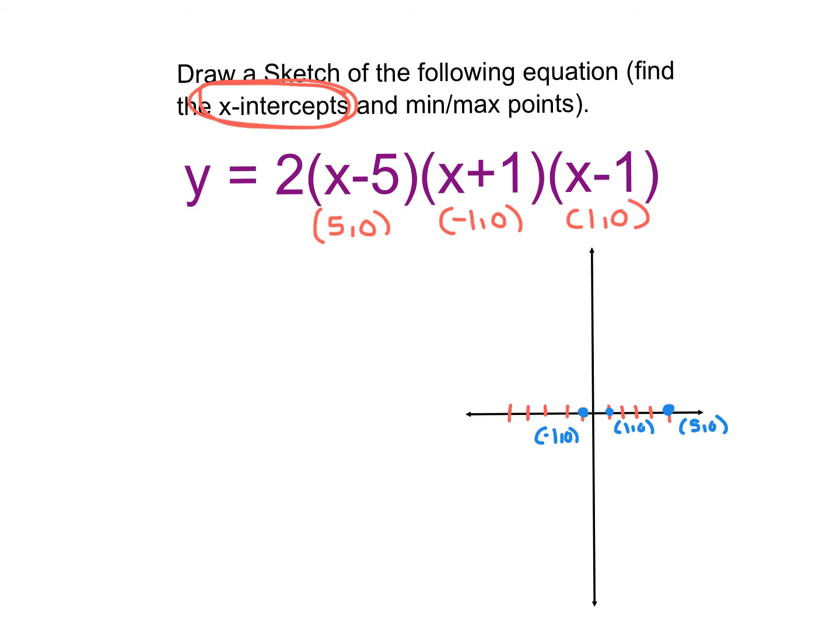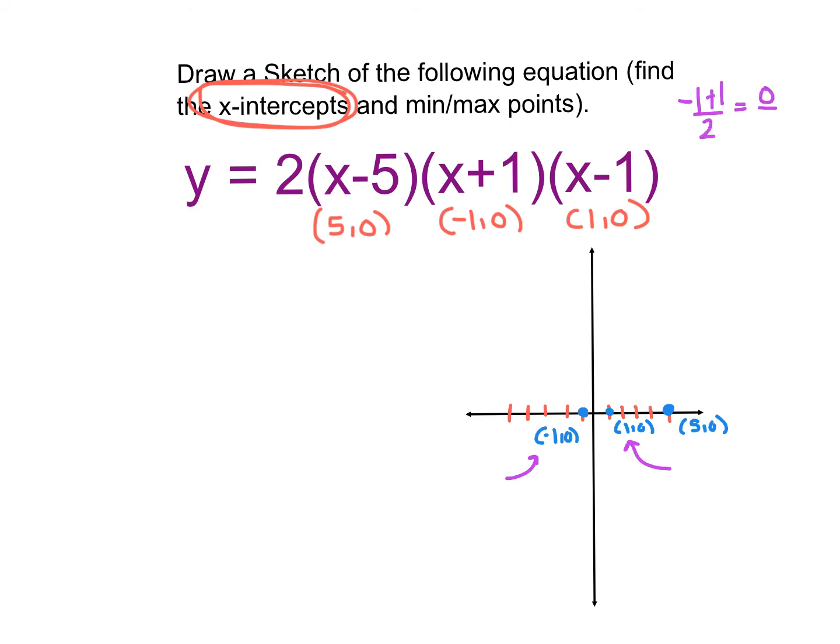Now, from here, I know that there is a key point between every pair of x-intercepts. So I'm going to start with these first two right here, negative 1, 0 and 1, 0. I'm going to start by finding that key axis of symmetry acting as a vertex point between those two numbers. So we're going to take the average, negative 1 plus 1 divided by 2.